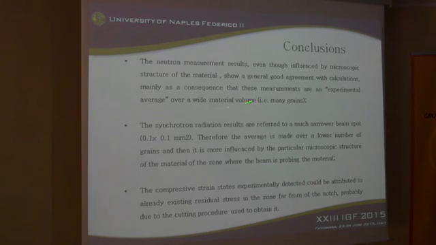This difference is due to the residual stress and strain, and the gauge volume affects the measurement. Also, we have a good correlation between numerical and experimental results.